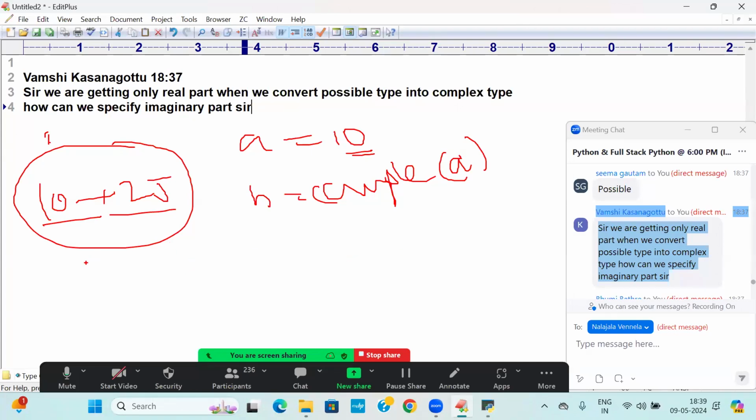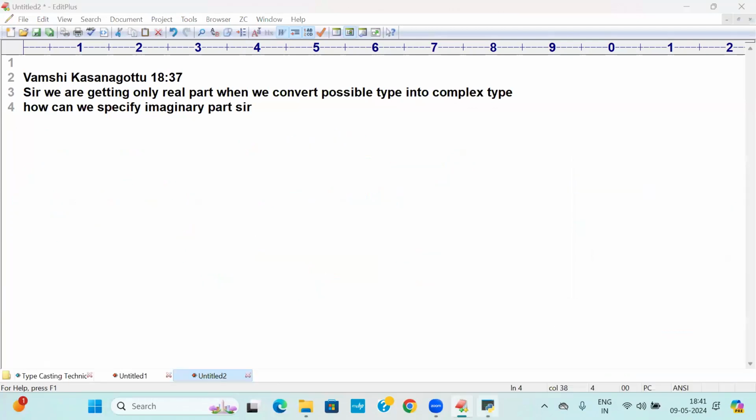Now, this data, I will take in the form of a string. I will take this 2j also in the form of a string. I already said, use the plus operator. It will be concatenated or not? Now see, students.